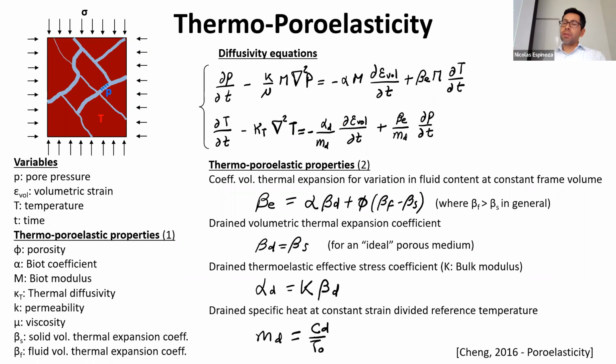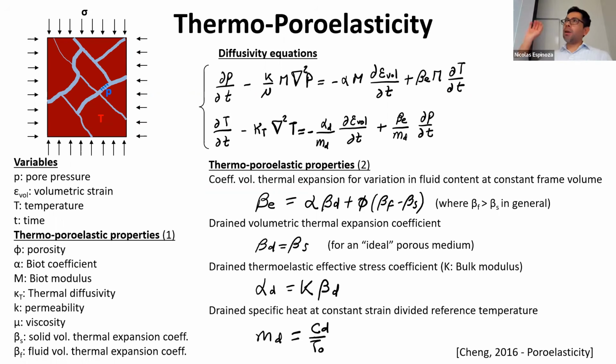So now we have change of stresses, we have changes of pore pressure, and also we have changes of temperature in time. And you can extend your equations in order to predict changes of pressure in space and in time, also changes of temperature in space and in time, and couple those two together.